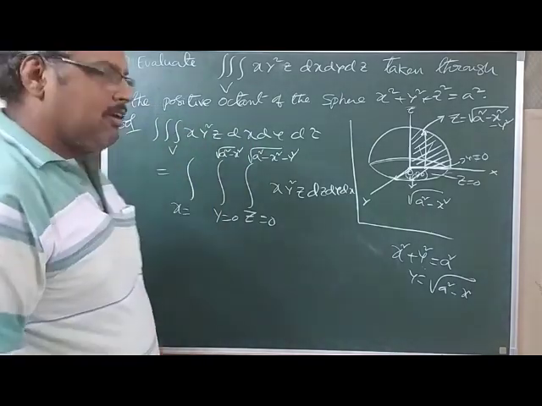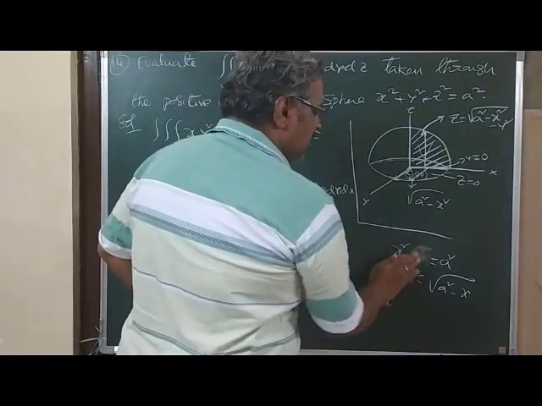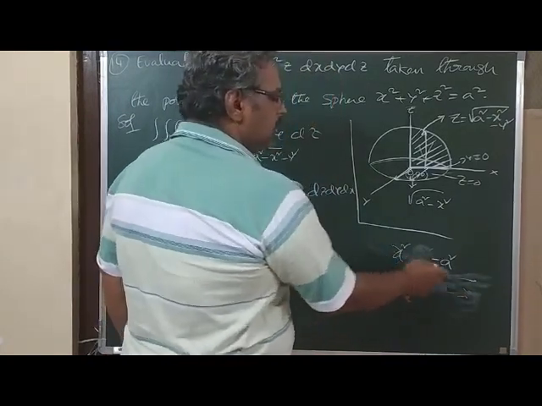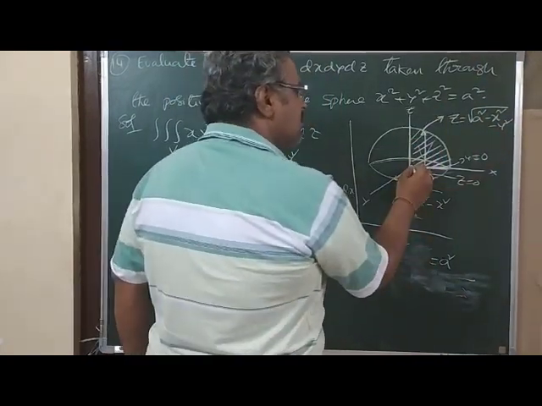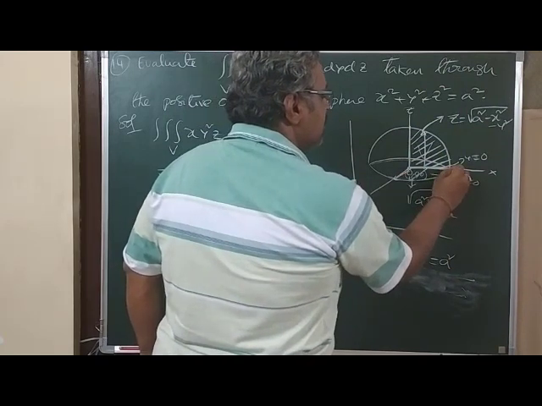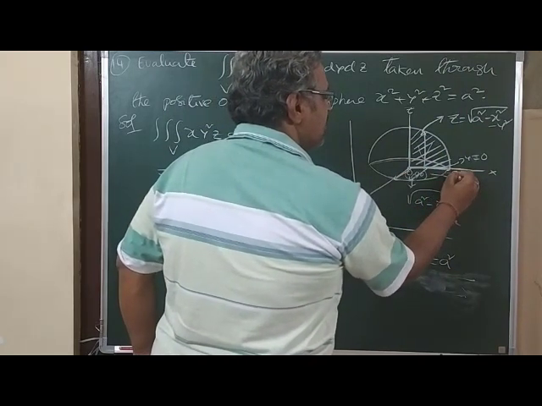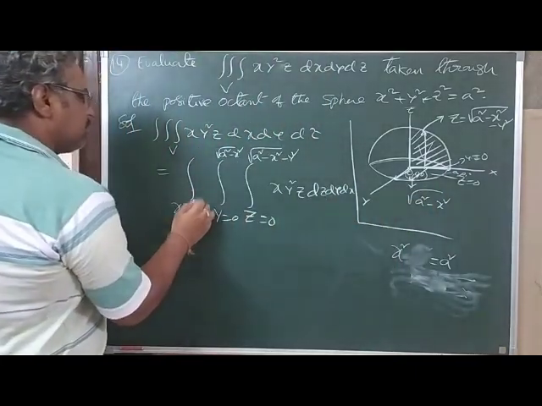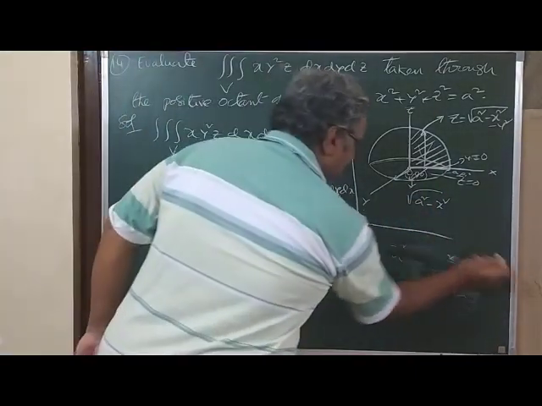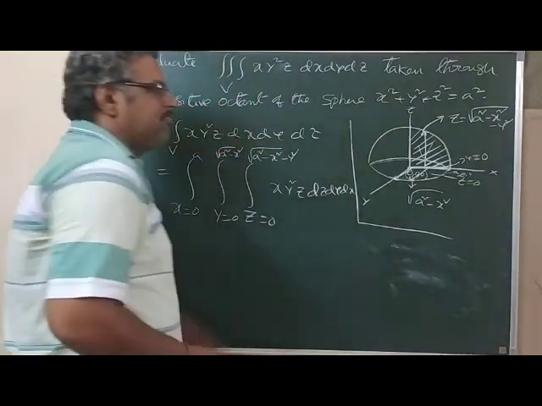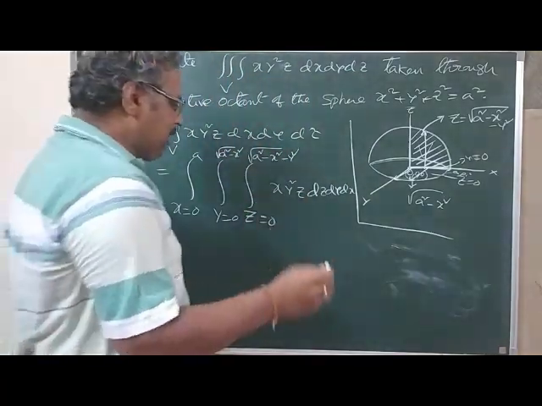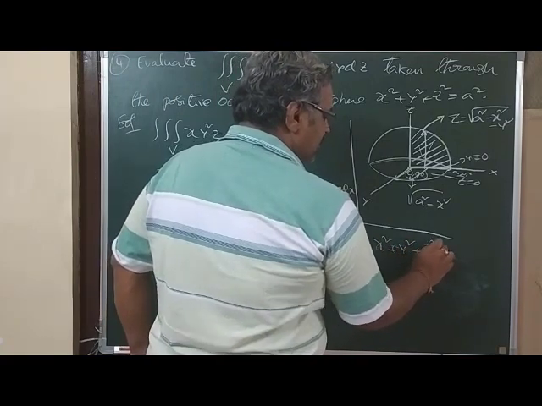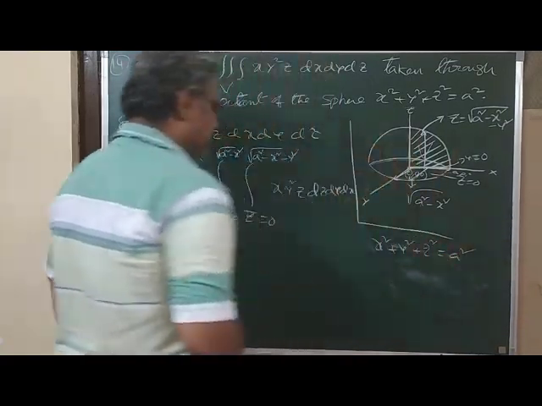Then remove the y variable. Then x square equals a square, so along the x-axis, x goes from 0 to a. Very simple technique. I will explain the simple technique instead of this diagram. x square plus y square plus z square equals a square.